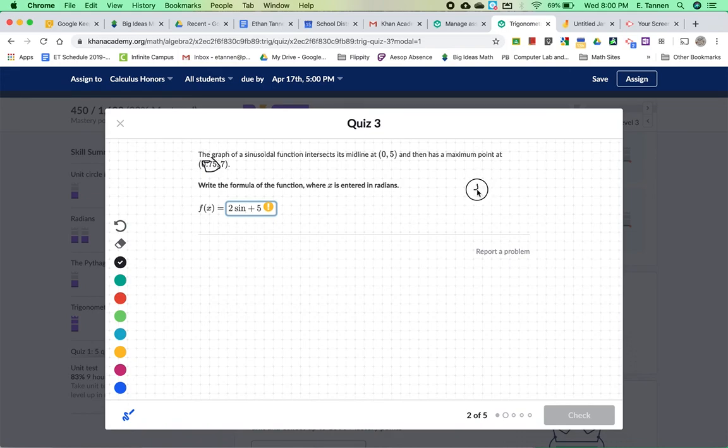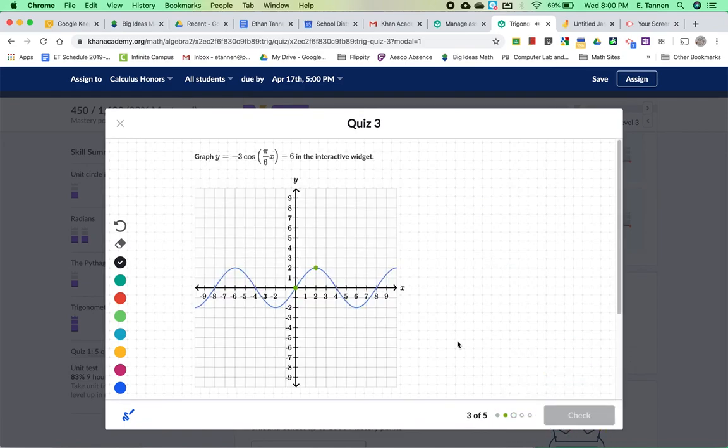So 3/4 times 4 just gives us a period of 3. So if the period is 3, we could find b by setting 3 equal to 2 pi over b. So b is just going to be 2 pi over 3 x, and then this plus 5 should come after. Let's check it out. We got that one.